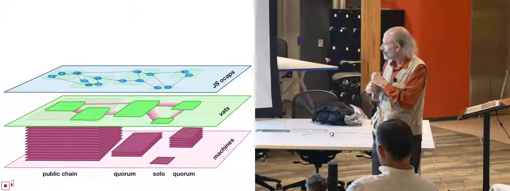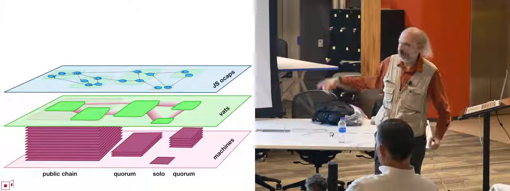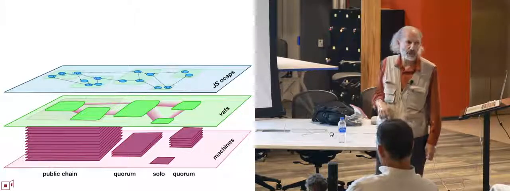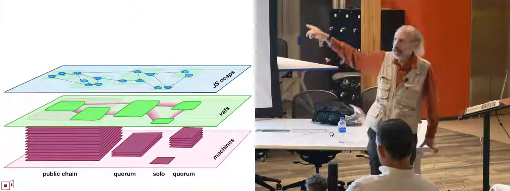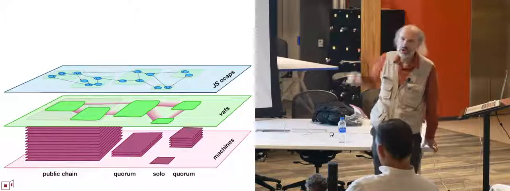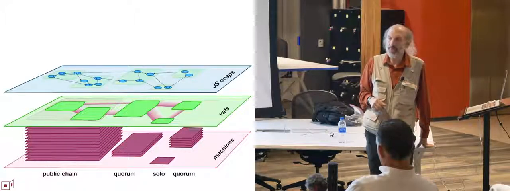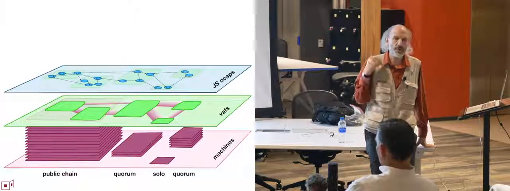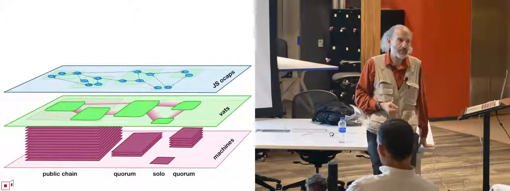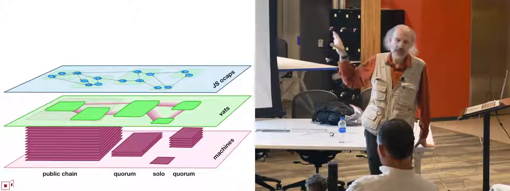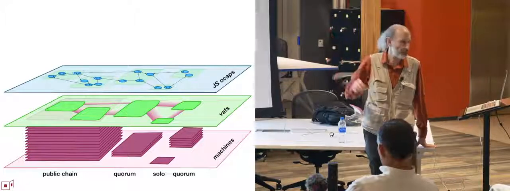And this is in the object capability paradigm, which is what the ocap stands for. We're actually doing this in an object capability subset of JavaScript. I've been on the ECMAScript committee now for 10 years, helping fashion JavaScript into a language that can support this.